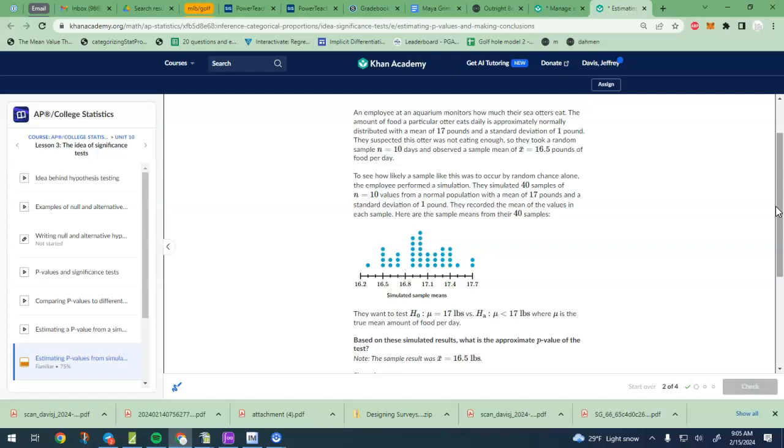So this one is saying the mean is 17. We want to test this theory. We're looking at an alternative hypothesis of less than. And then our sample result in this case, can you guys see this? In the back, is it big enough?